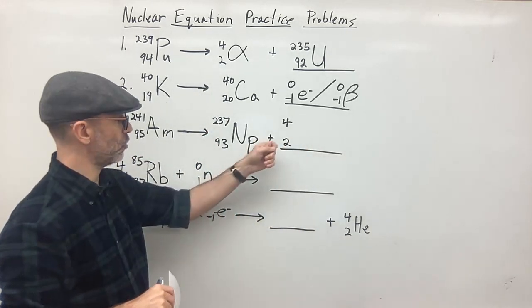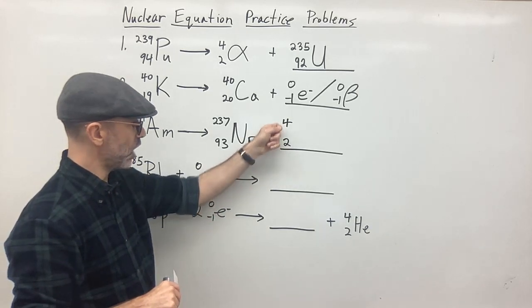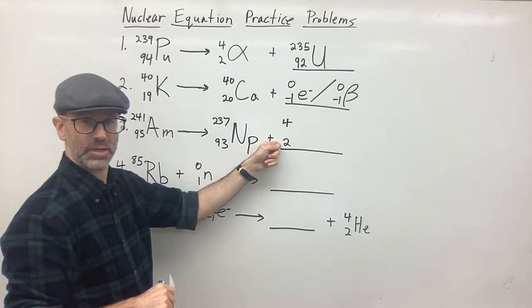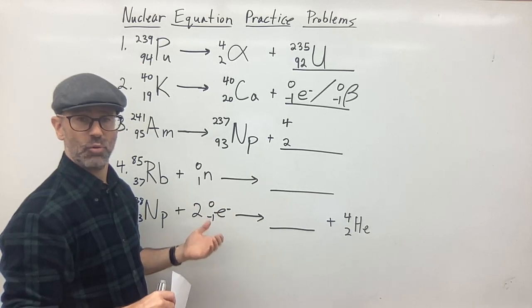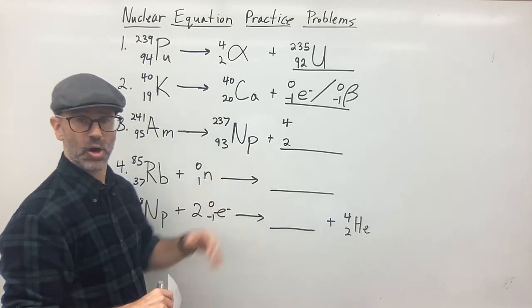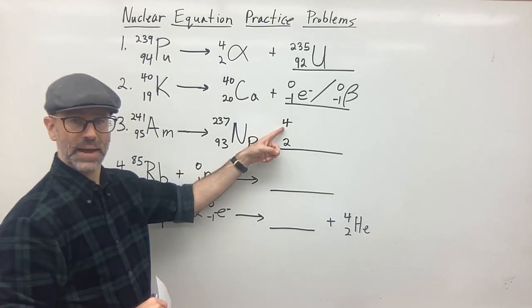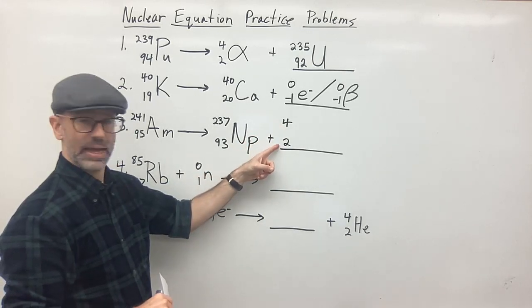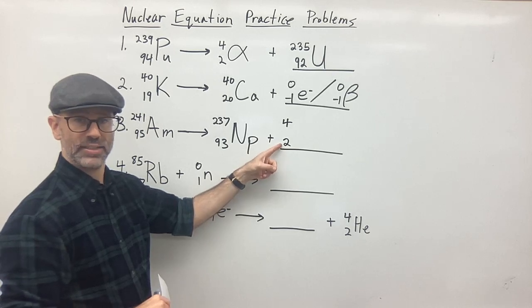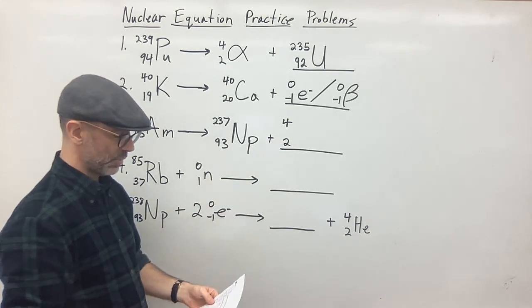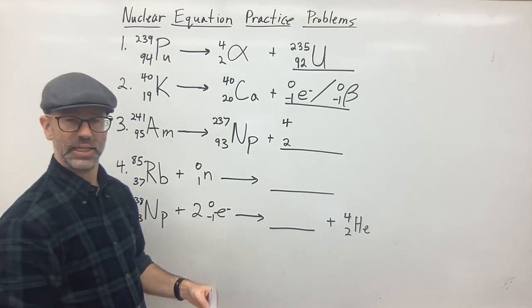So now that I know the numbers here, mass number, atomic number, now I can figure out what sort of decay this is, what particle is being emitted. Anything that has a mass number of 4 and an atomic number 2, we know that atomic number is related to the symbol. So if we look up atomic number 2, that's going to be helium.